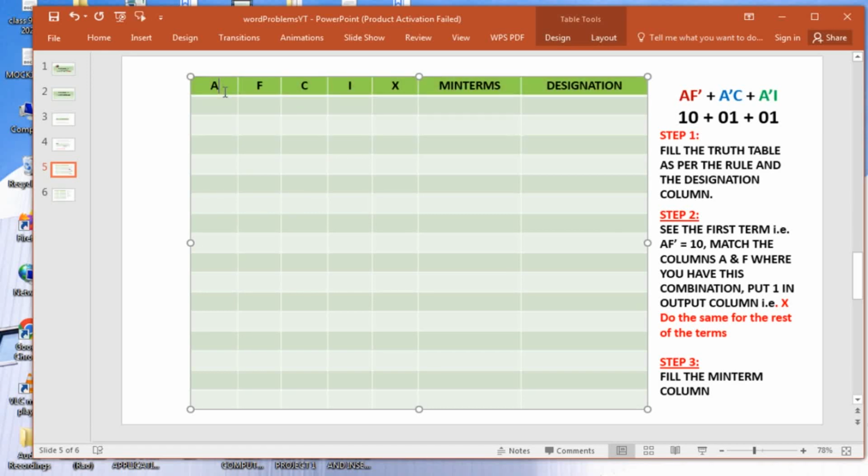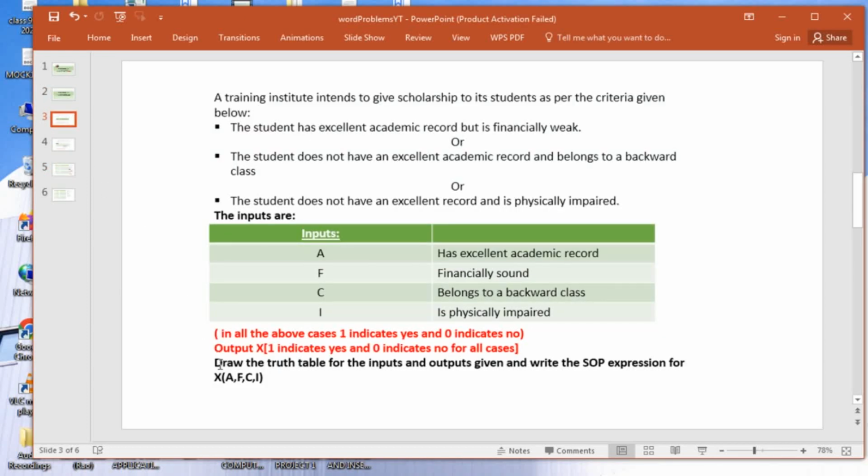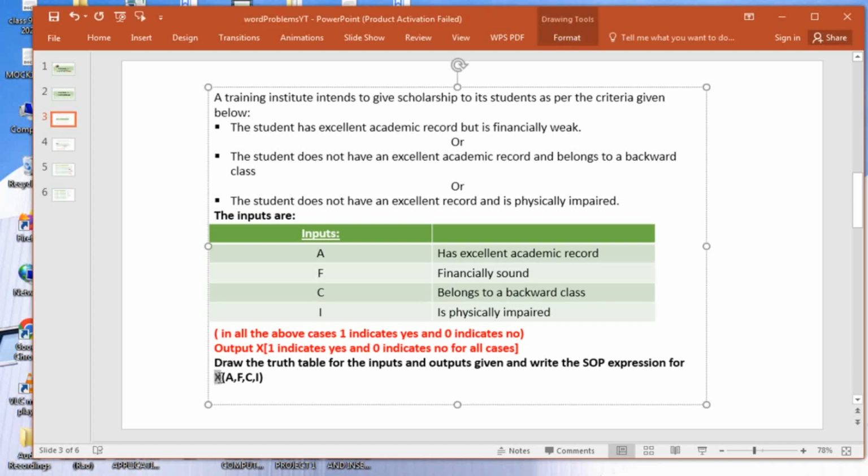When you write the heading, in the question itself you see in the input column A, F, C, I is given, so in that order I'm writing A, F, C, I. And X is your output column.